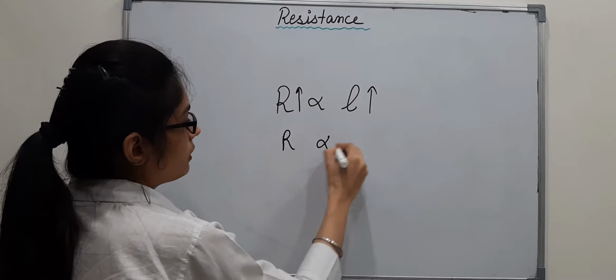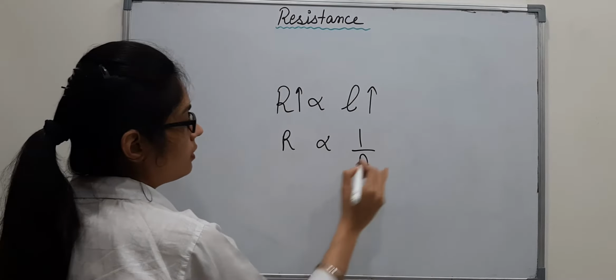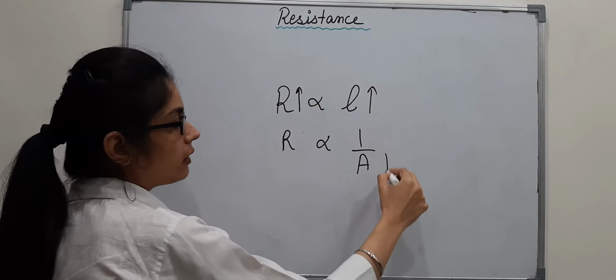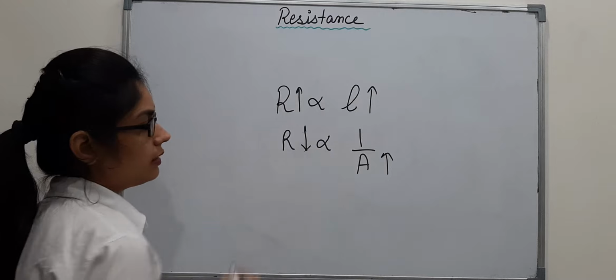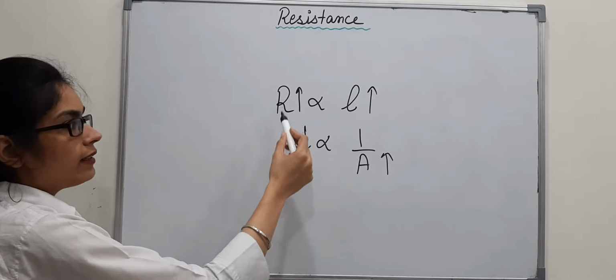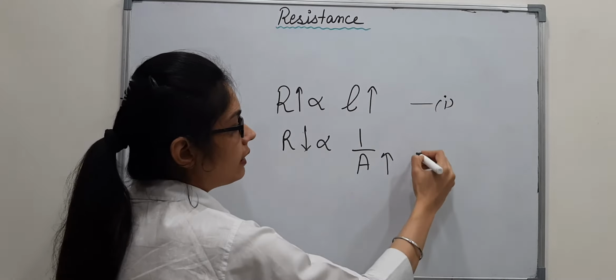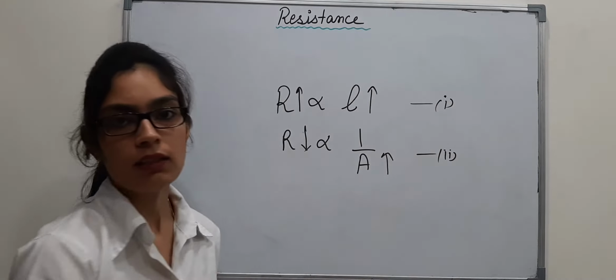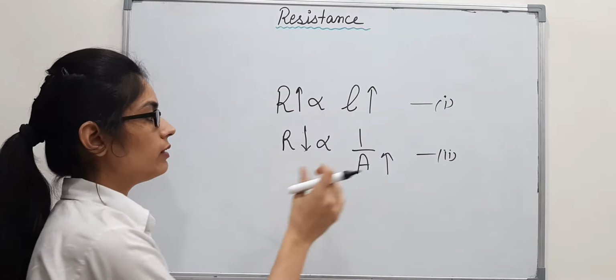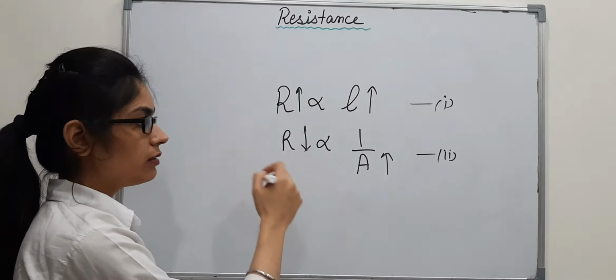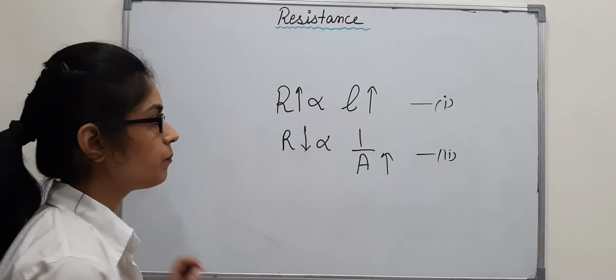On area of cross section, resistance is inversely proportional, which means if area increases, resistance decreases. Directly proportional means both things have a direct relation: if one is increasing, the other will also increase. Inverse relation means if one is increasing, the other will decrease.